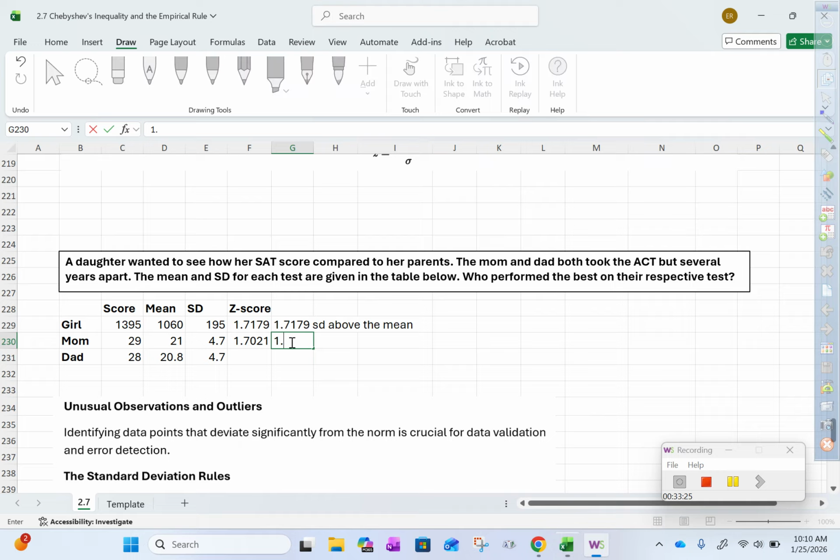So the mom did 1.7021 standard deviations above the mean. So just barely the girl did better than her mom. Okay, and then going to dad next, score minus mean over the standard deviation. And it looks like the dad was lower as well.